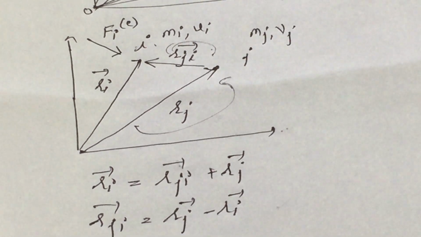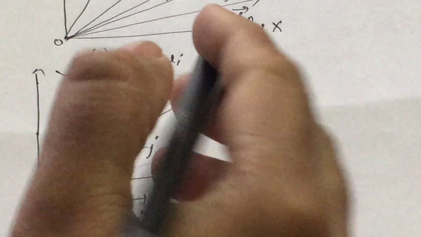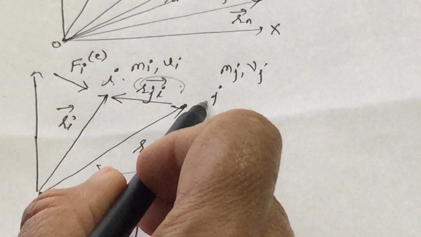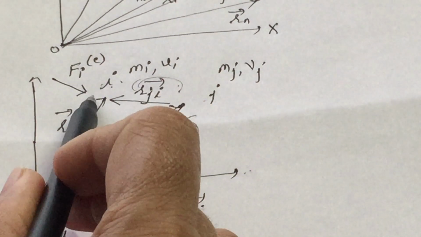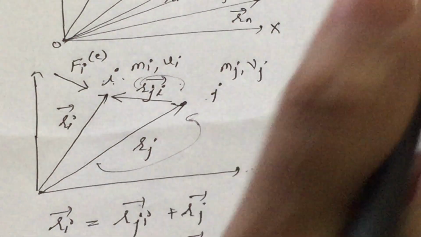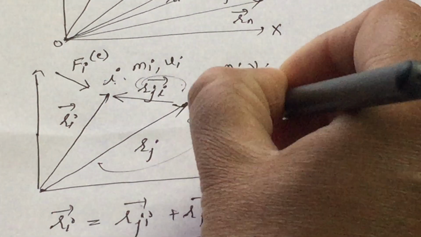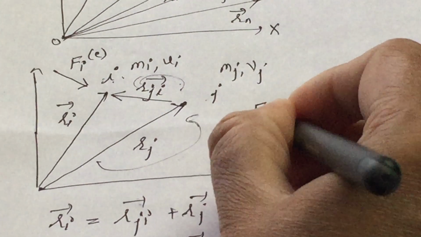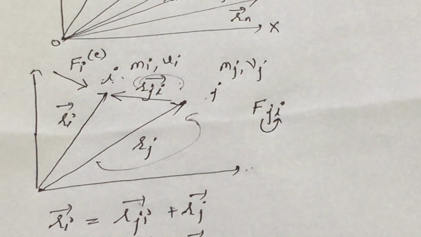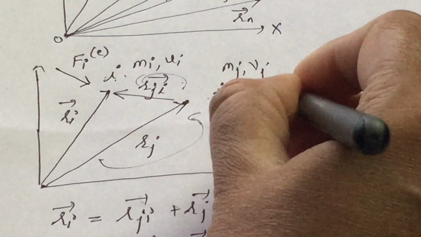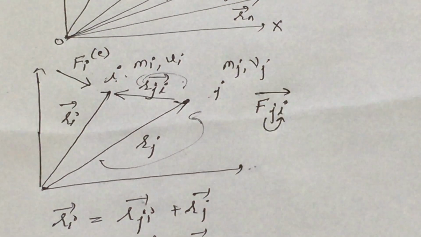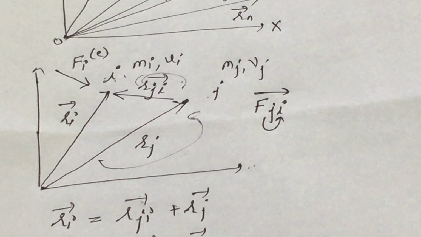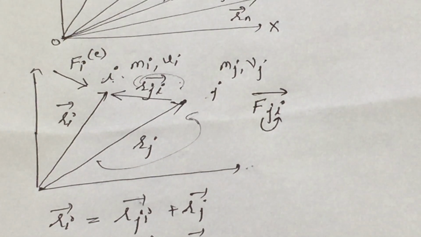Now the ith particle is applying a force on the jth particle, and the jth particle is applying a force on the ith particle. We represent this by Fji. It means the jth particle is applying a force on the ith particle, and force is a vector quantity, so we put an arrow on it.